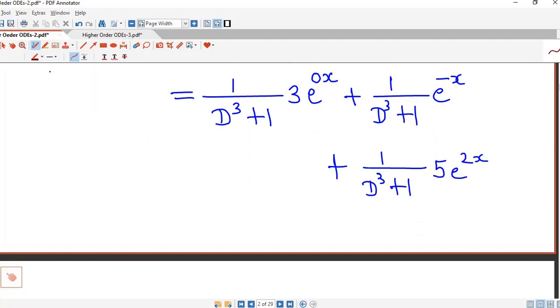So now we can see here the coefficient of x is 0, here the coefficient of x is -1, here it is 2. So here we will put d equal to 0, here we will put d equal to -1, and here we will put d equal to 2.